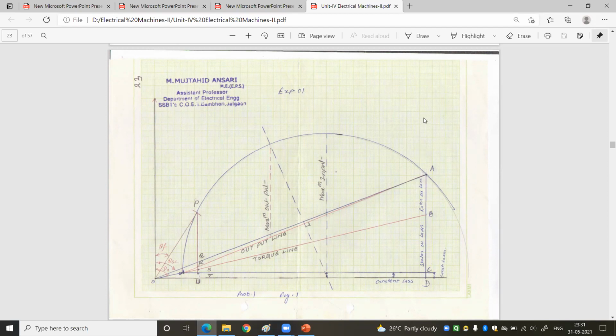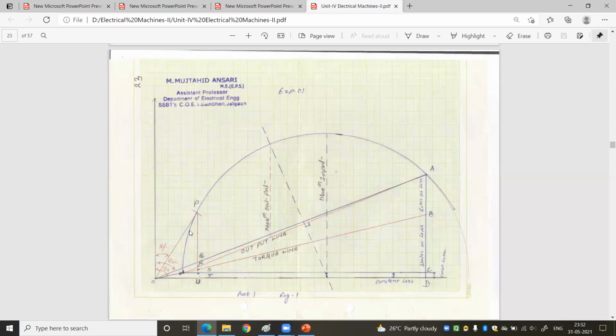Say A is extended to 4.5 centimeter, which is the output of the motor. By drawing the parallel line to the output line, wherever it cuts the circle diagram, the intersection is the full load current. This point is used to calculate the full load current. So the output line can be obtained in these two ways.